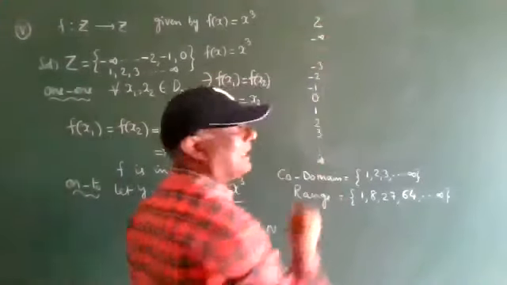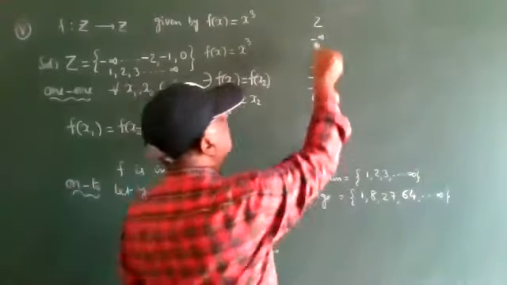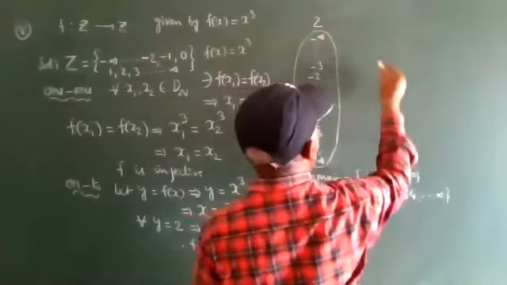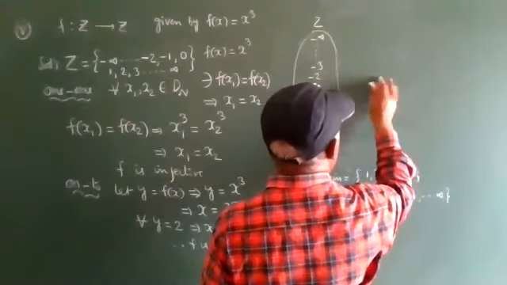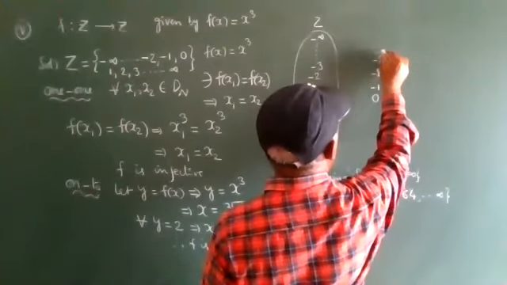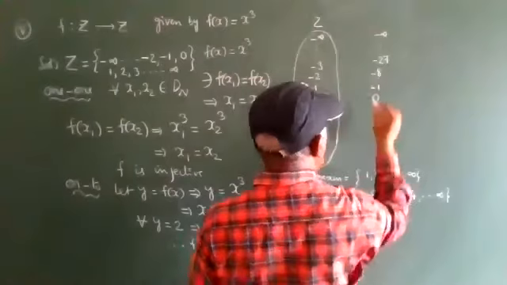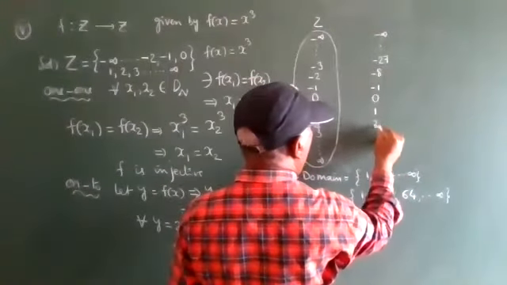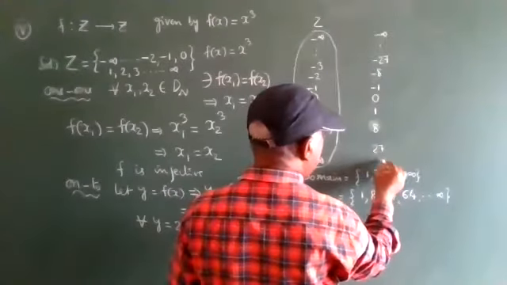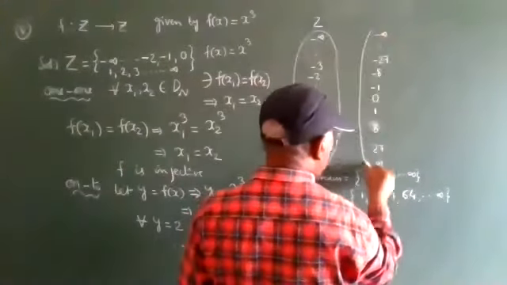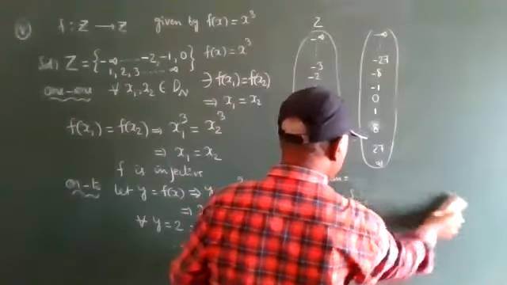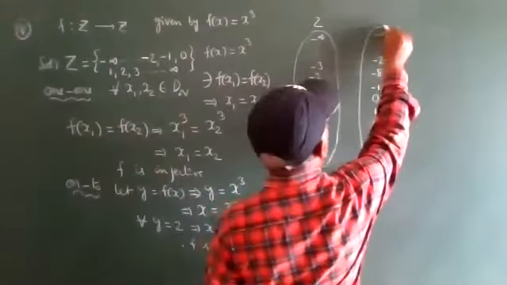This is the first set, Z. Next is 0, -1, -8, -27, minus infinity, and 1, 8, 27 plus infinity. It is also the set Z only.